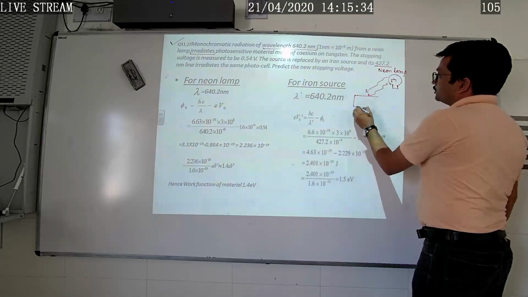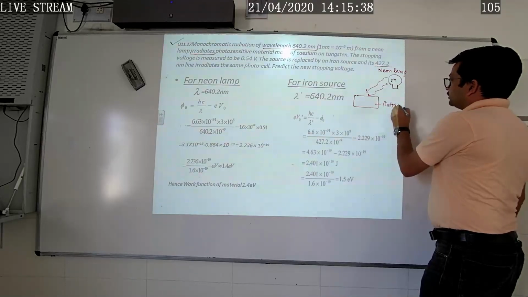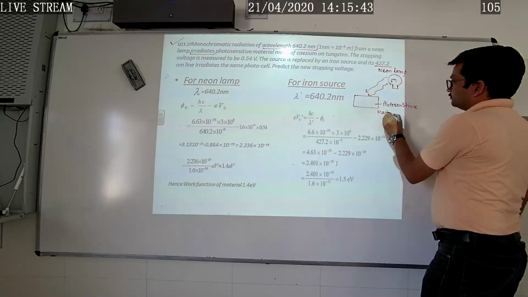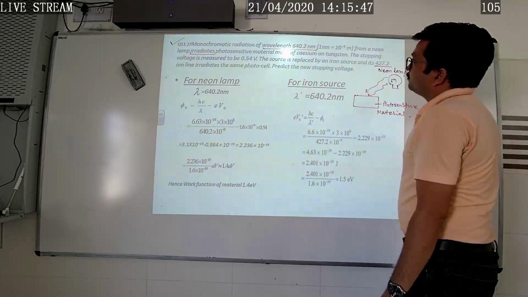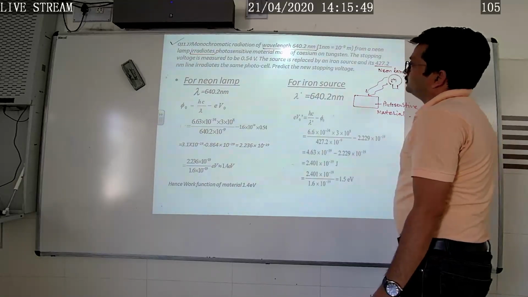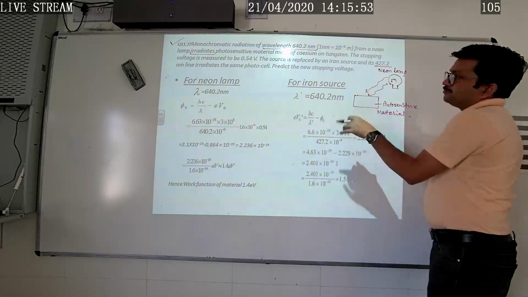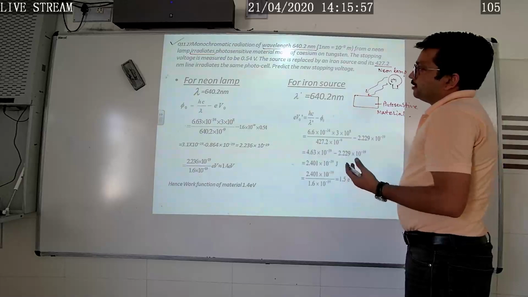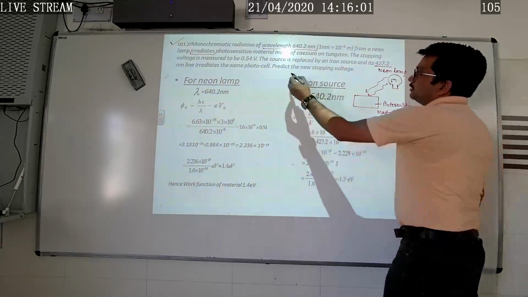Suppose this is the photosensitive material made of cesium or tungsten. The stopping voltage is measured to be, stopping voltage means the voltage at which the photoelectric current in the circuit becomes zero.